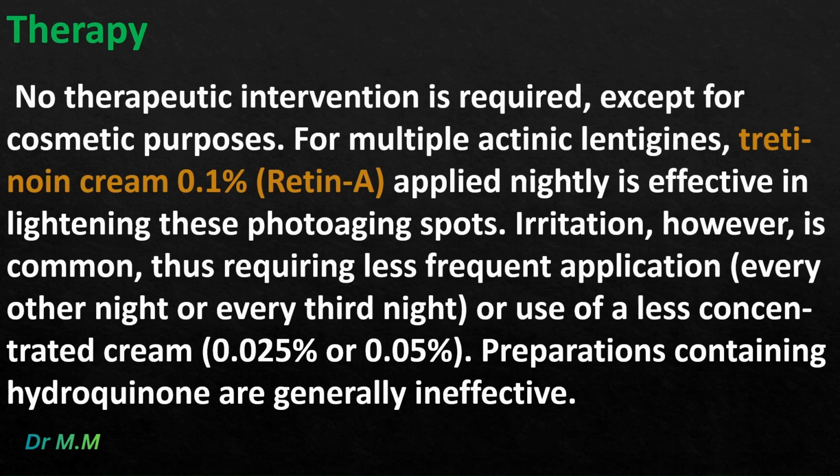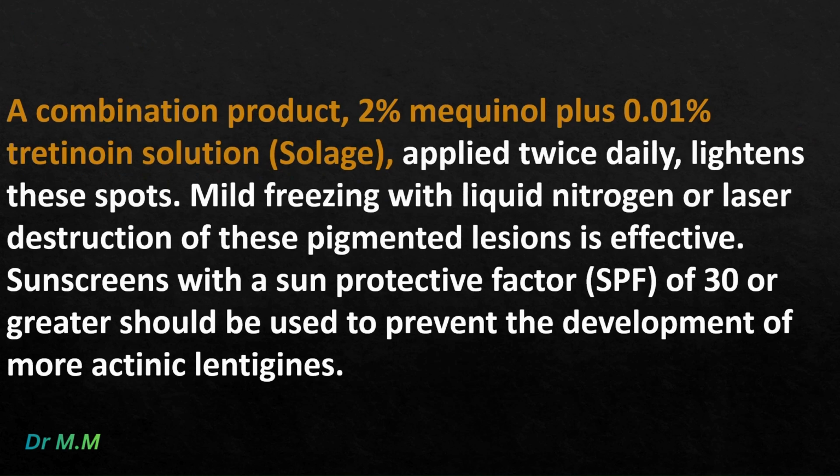Preparations containing hydroquinone are generally ineffective. A combination product, 2% mequinol plus 0.01% tretinoin solution, or Solage, applied twice daily lightens these spots. Mild freezing with liquid nitrogen or laser destruction of these pigmented lesions is effective.